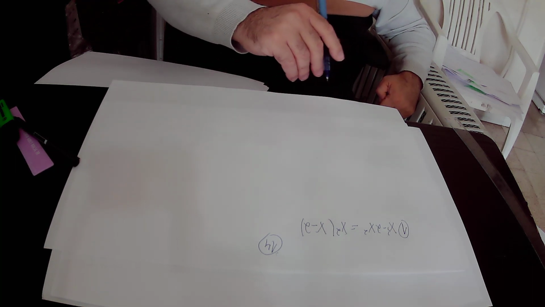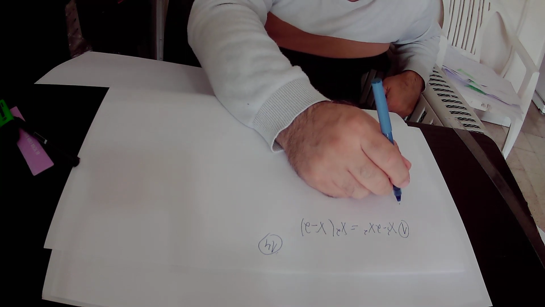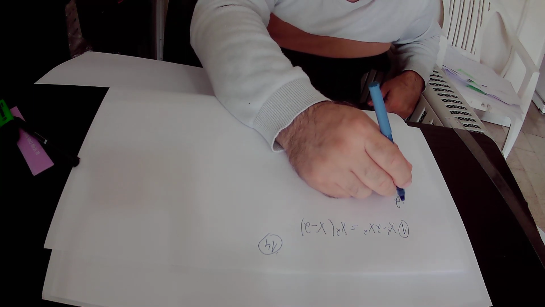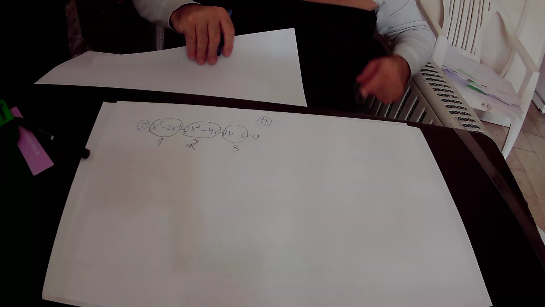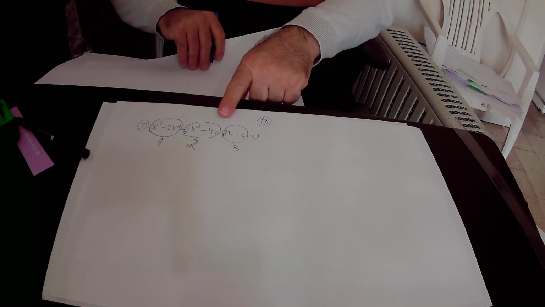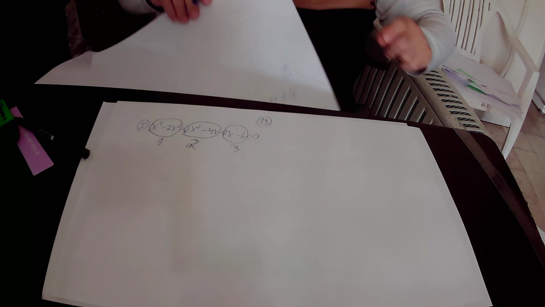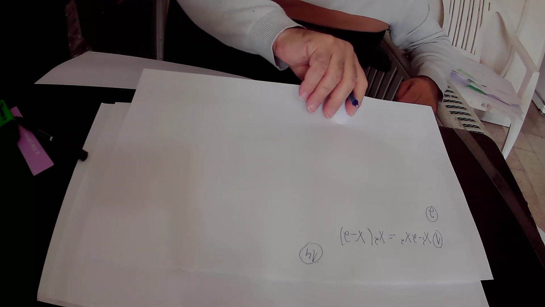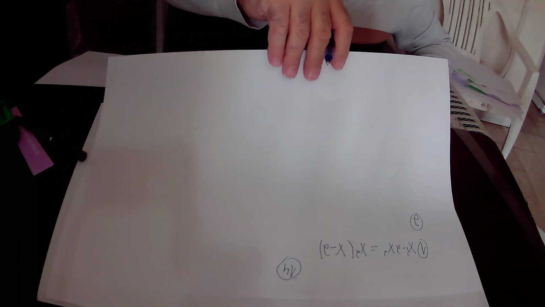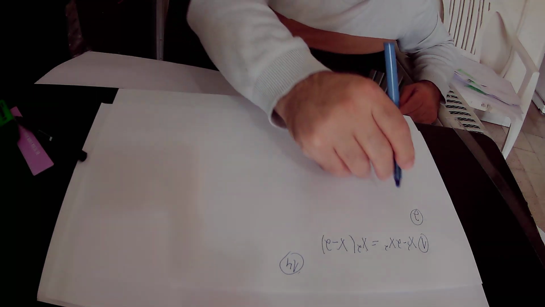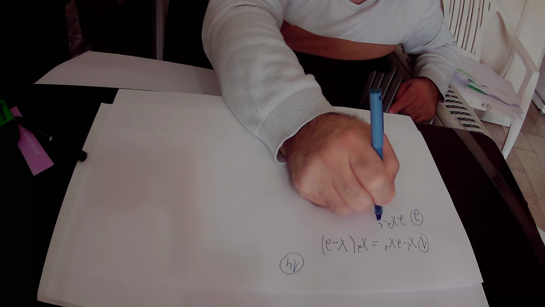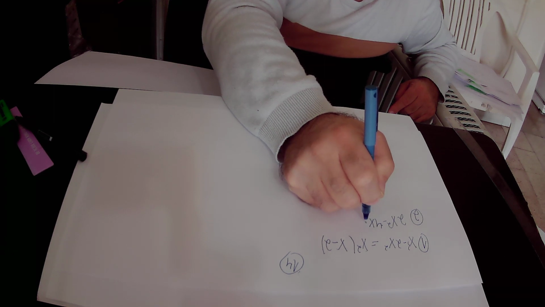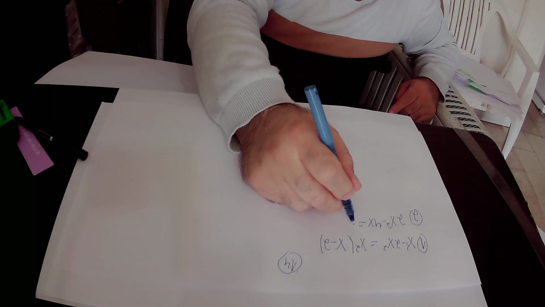We will do the same process on the second expression. The second expression is actually 2x squared minus 4x. So we will take a common factor from 2x squared minus 4x. The common factor will be 2x.